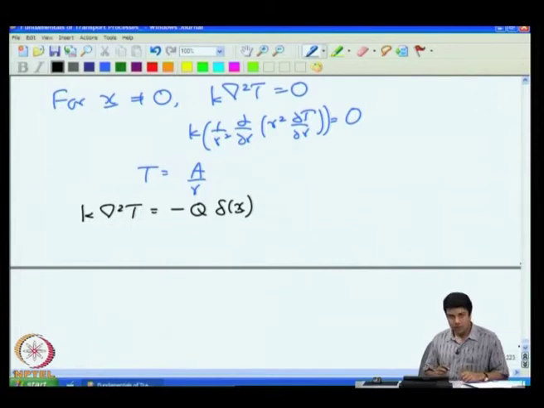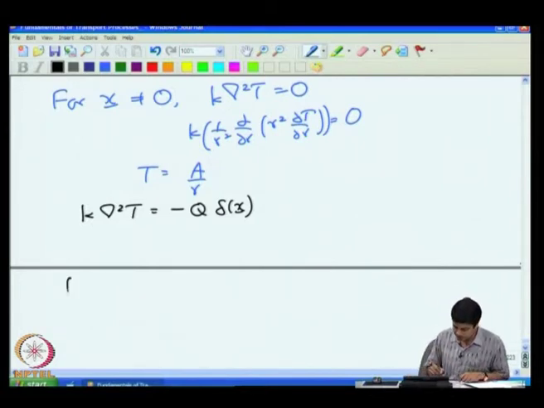Now, delta of x is non-zero only when x is equal to 0. So, I can usefully obtain a condition for this by taking a volume integral over the entire volume. I know that delta is equal to 0 for x not equal to 0, but however, instead of equating it at each and every point, I can do it as a volume integral.